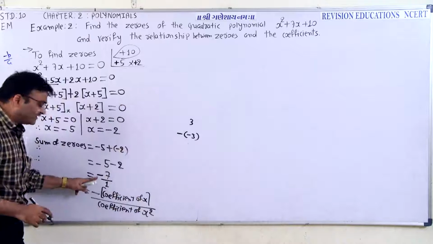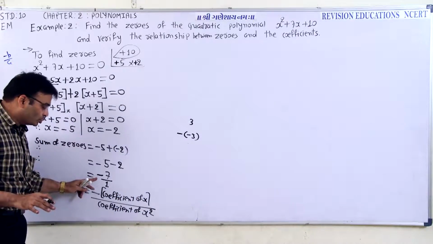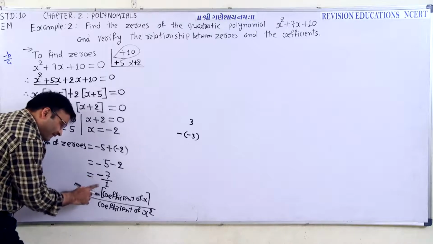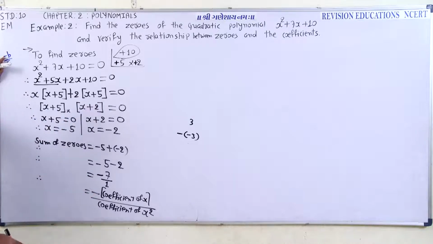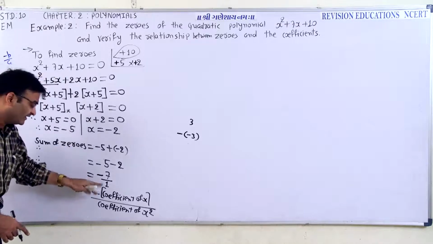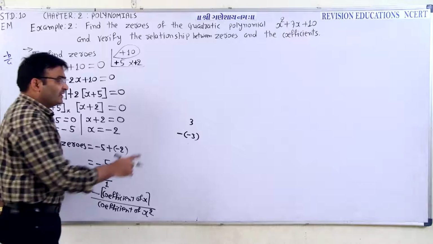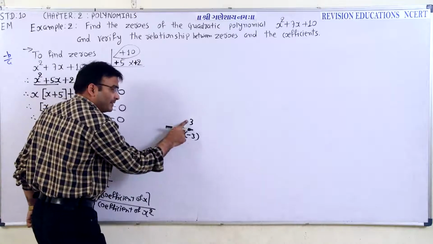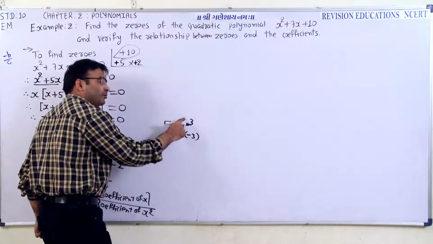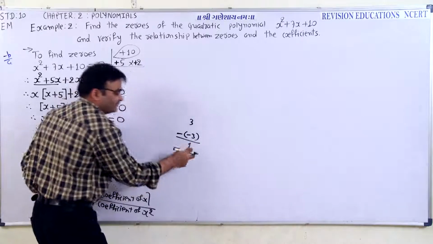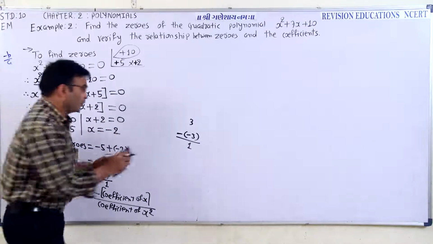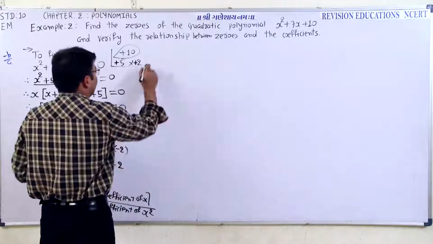But here it is minus, so there is no need to do the other minus. Minus is the sign of the formula. 7 is the coefficient of x and 1 is the coefficient of x square. When the sum of zeros became minus, at that time you have to write minus, minus, negative, negative, positive, and in denominator 1.